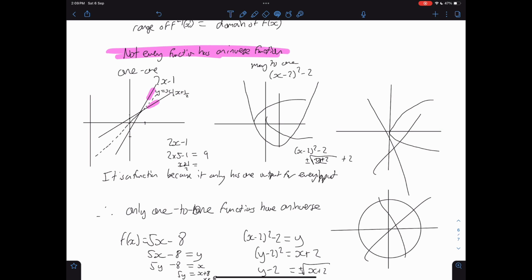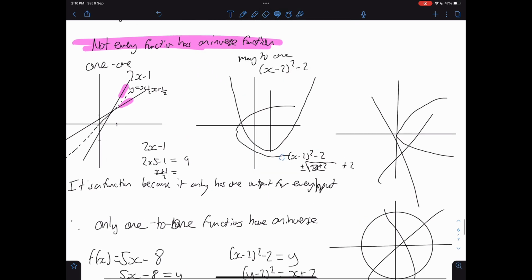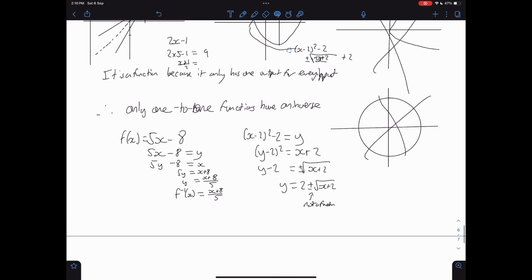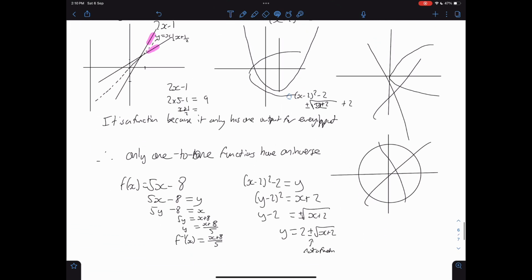Sorry, it should be more like this. It crosses the one like that. This is a terrible sketch because it's difficult. But yeah, that's the relationship between the mirror line, a function and its inverse. They are reflections of each other in the line y equals x.